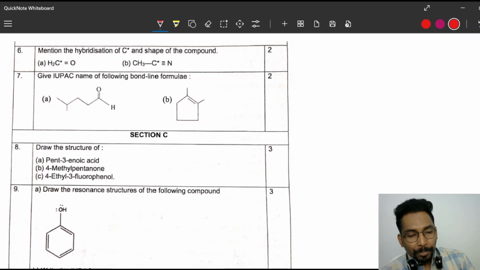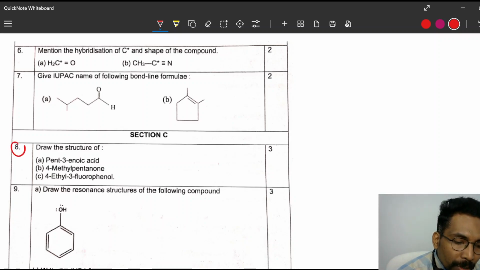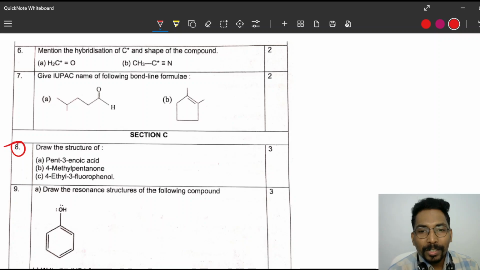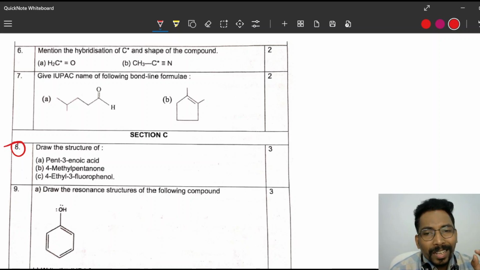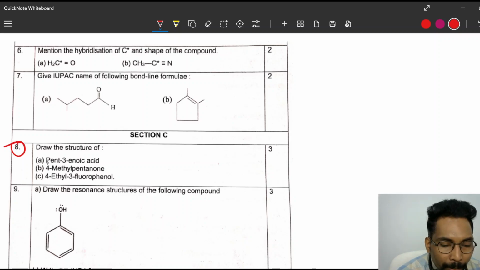Okay. You have to draw the structures of these compounds. First one, pent-3-enoic acid. So always, if a question comes where they give some names and you have to draw the structure, always mark the word root first.